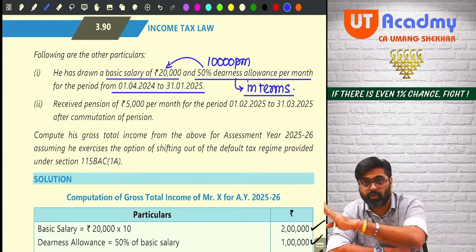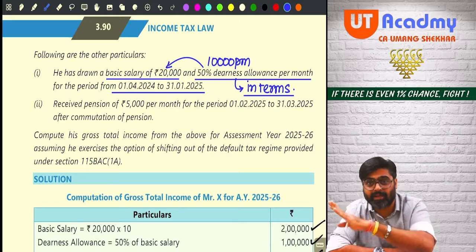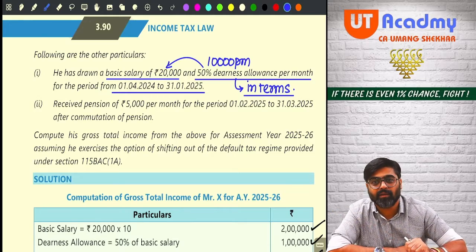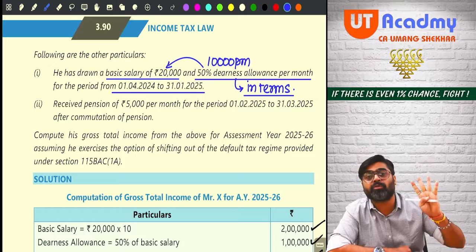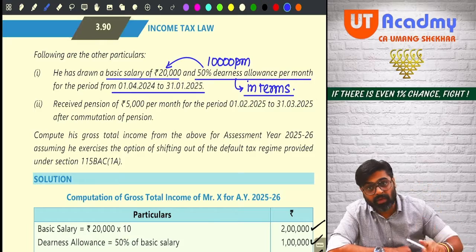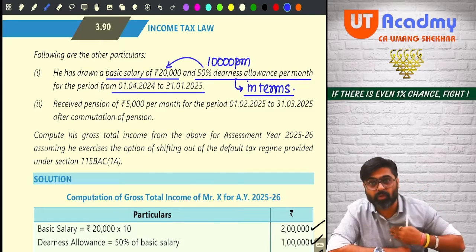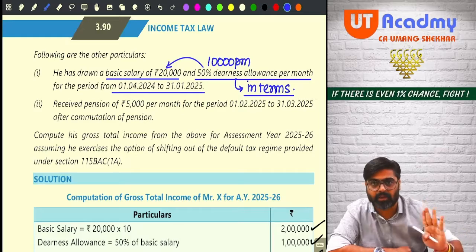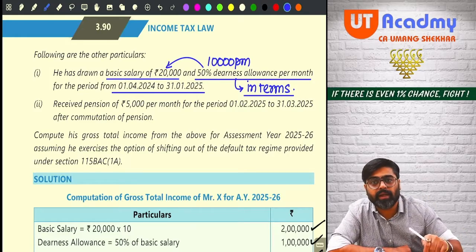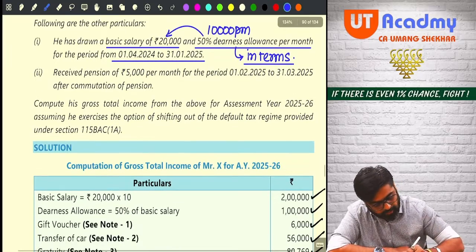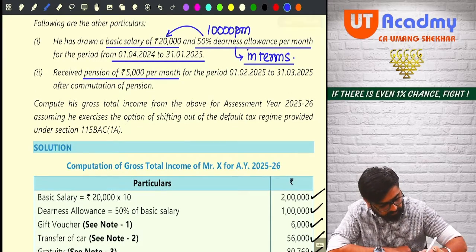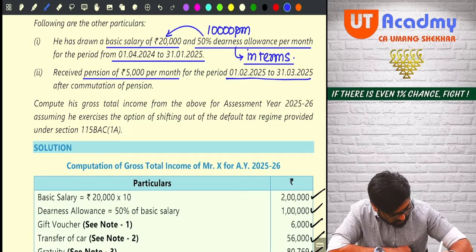Which we are anyways going to get because we are assuming DA in terms only. And here we have to take this DA as in terms only, because only then it will be a logical answer. I will prove why I am taking in terms. I will prove that. Okay. So we are going to take DA as in terms.